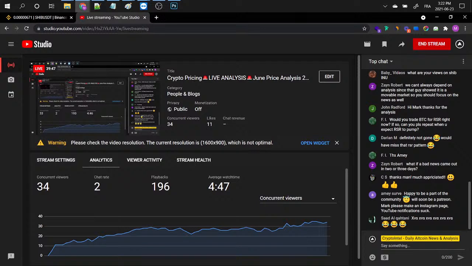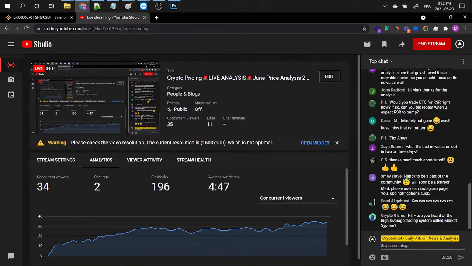Would you trade BTC for RSR right now? Definitely, absolutely, I would, because the RSR is going through multiple sell cycles. So definitely, it burst its equilibrium momentum, so it's definitely time to get it. But hey, FI, guys, FI, it's for your information.